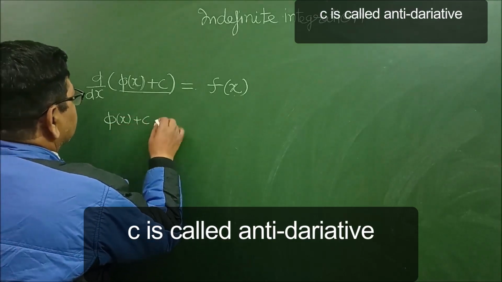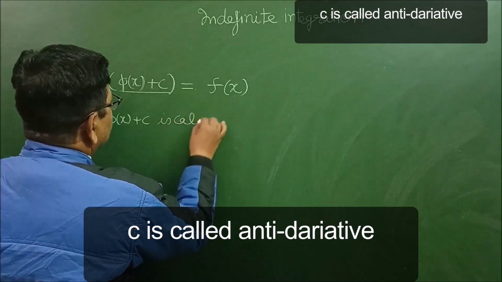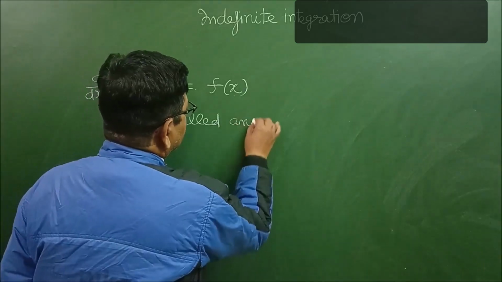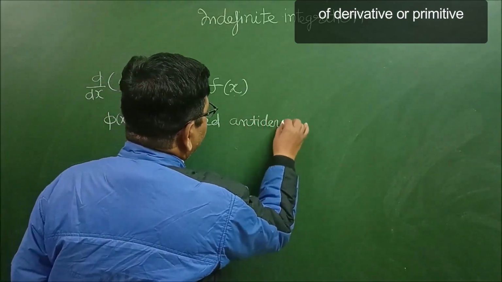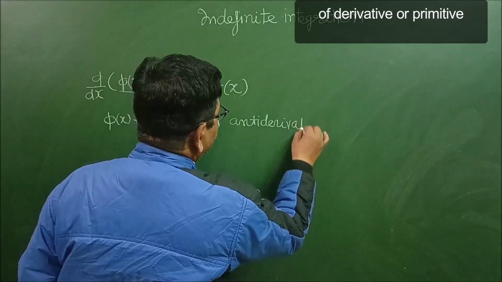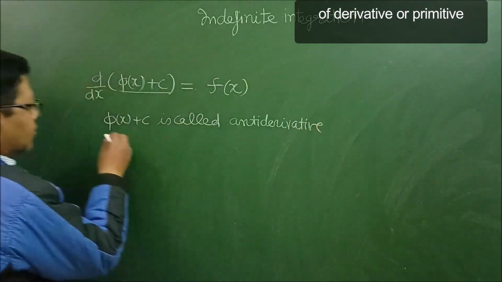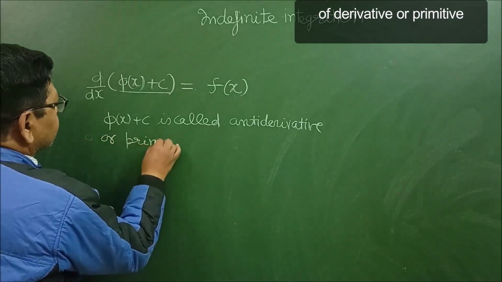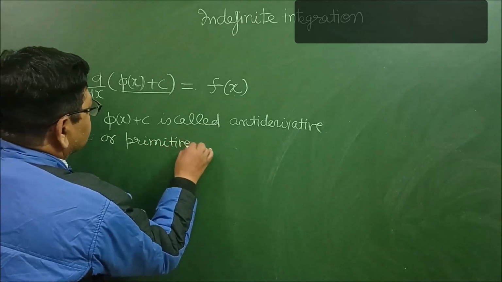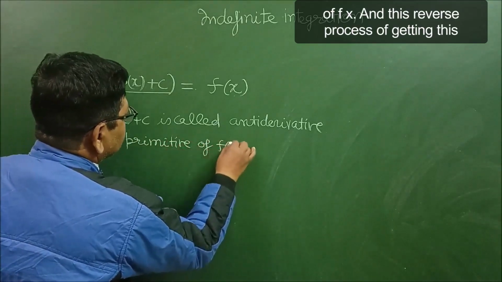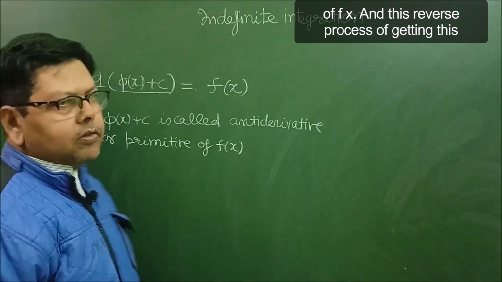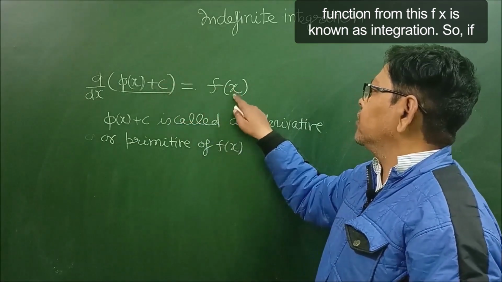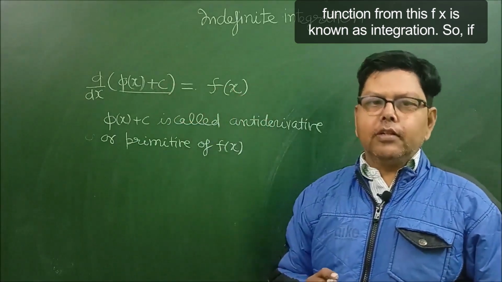is called antiderivative or primitive of f x. And this reverse process of getting this function from this f x is known as integration.